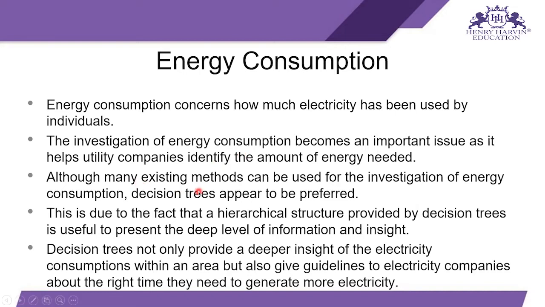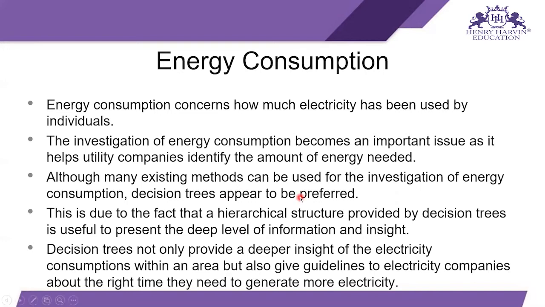Although many existing methods can be used for investigation of energy consumption, the decision tree appears to be preferred. So if we have to do an investigation of energy consumption, the decision tree algorithm is very preferable. This is due to the fact that the hierarchical structure provided by the decision tree is useful to present deep levels of information and insight.